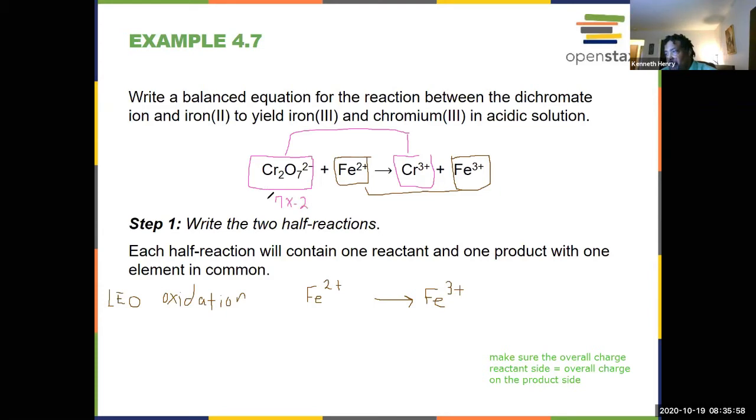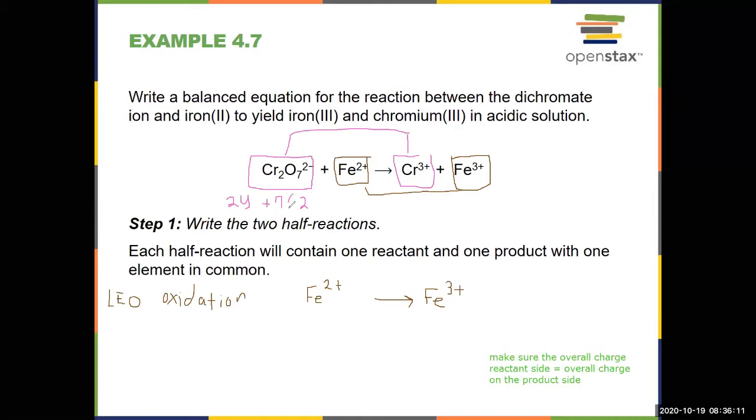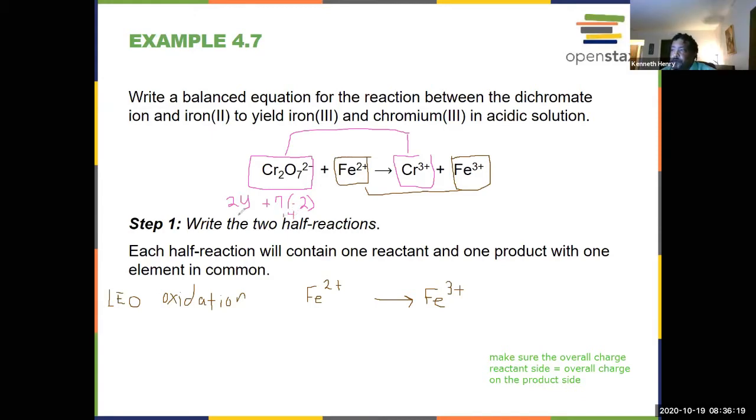We have 2 chromiums, so we'll say 2 Y. It must be 6. So Y must be 6, each chromium must be +6. So if we're going from +6 to +3, that means we're doing reduction. GER: gain of electrons, reduction.